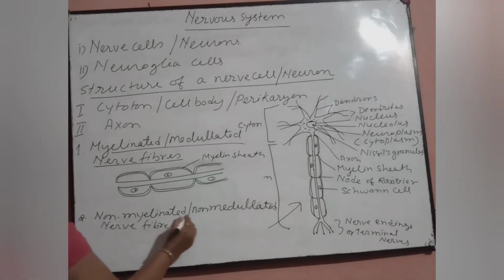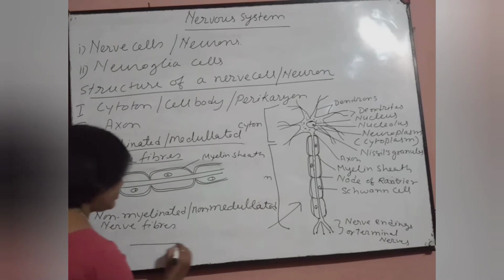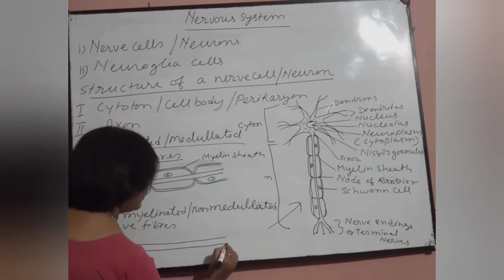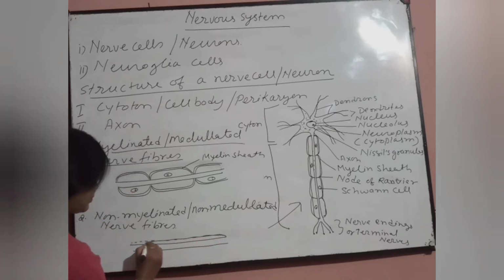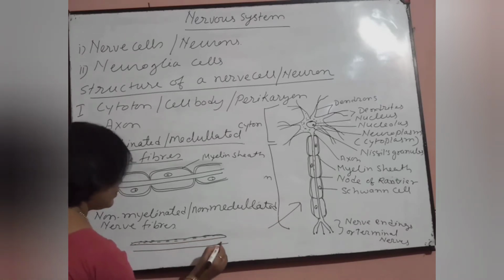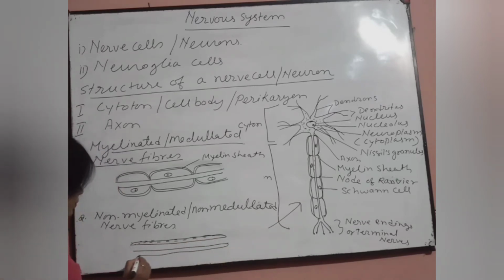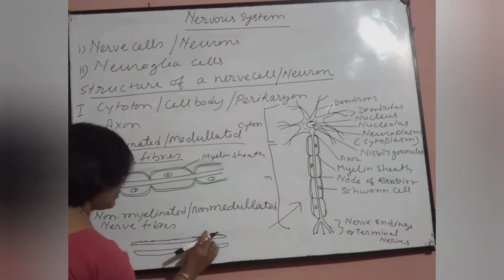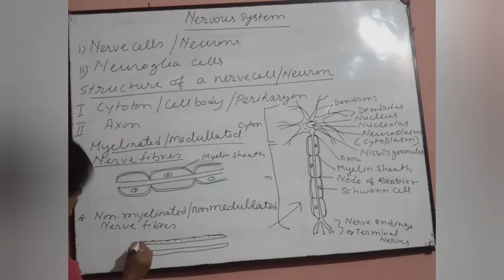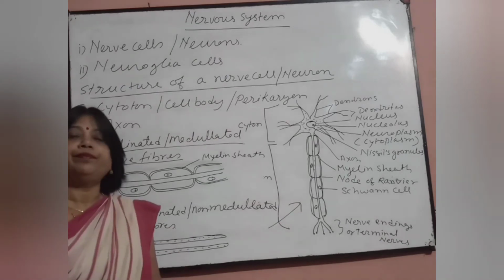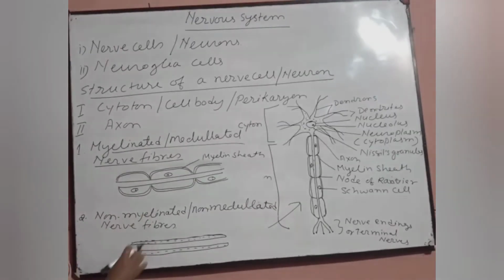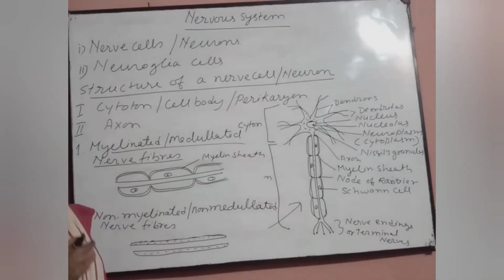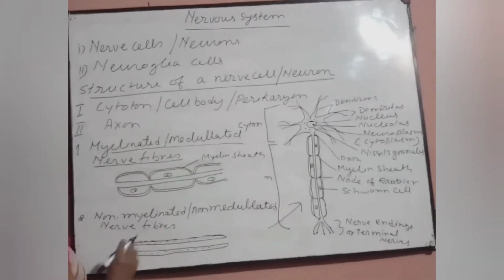And non-myelinated or non-medullated fibers lack the myelin sheath, but Schwann cells are present around them.